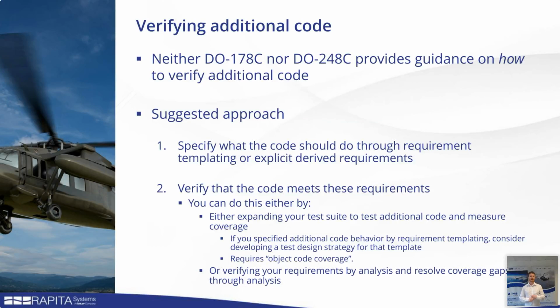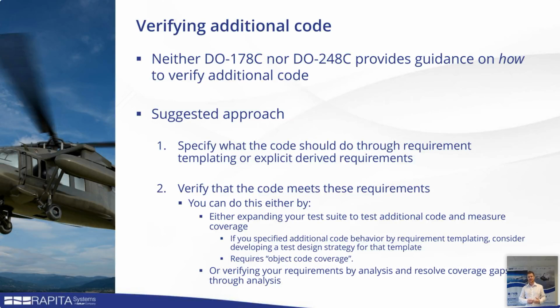Again, using the array index example, for any function that does an array index operation, you add a derived requirement. It's a derived requirement because it doesn't follow directly from the high-level requirement, but it's something that has to exist in order to implement that functionality. In which case you will have an explicit requirement, and then you will write a test case for that requirement, and then you will measure the coverage you get from running those tests.